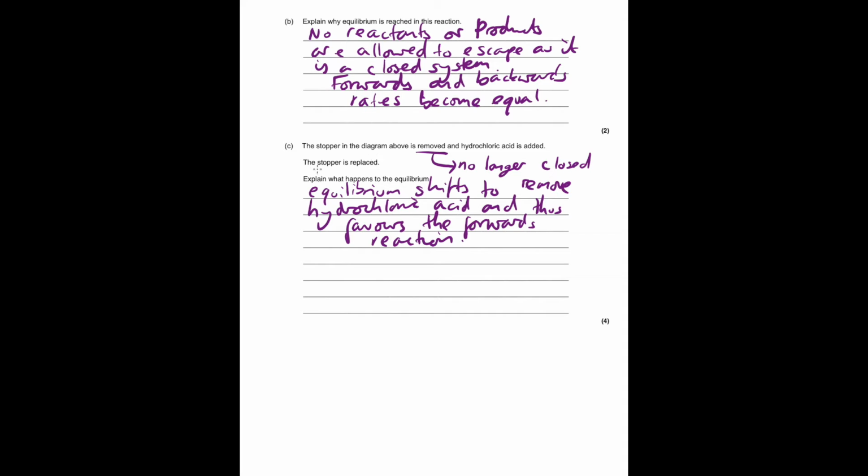And then this bit here, the stopper is replaced, and so a new equilibrium is established because that system then becomes closed again.